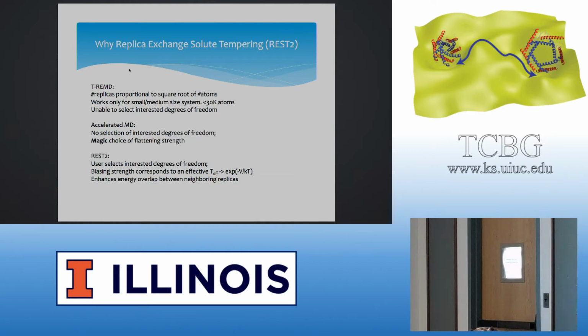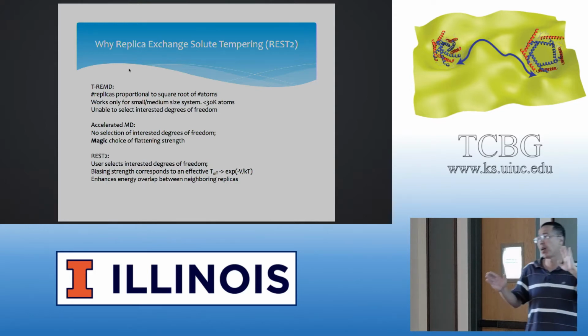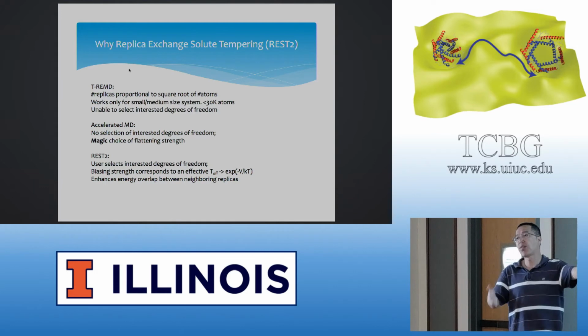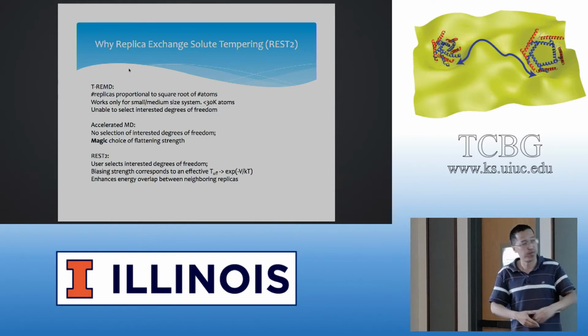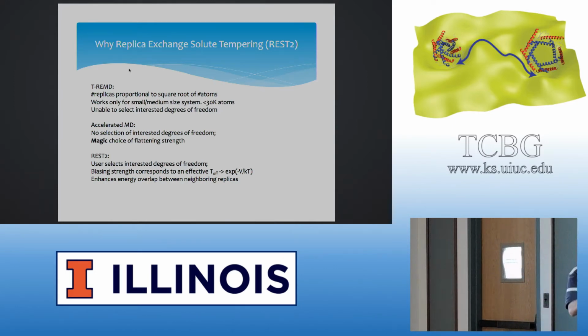The first advantage of REST2 is that the user can freely select the interested degrees of freedom. In NAMD, we have a .spt format file. That file format is identical to the PDB. You only need, in the O column, for all those possible slow degrees of freedom, to set a non-zero value, 1, to those atoms.